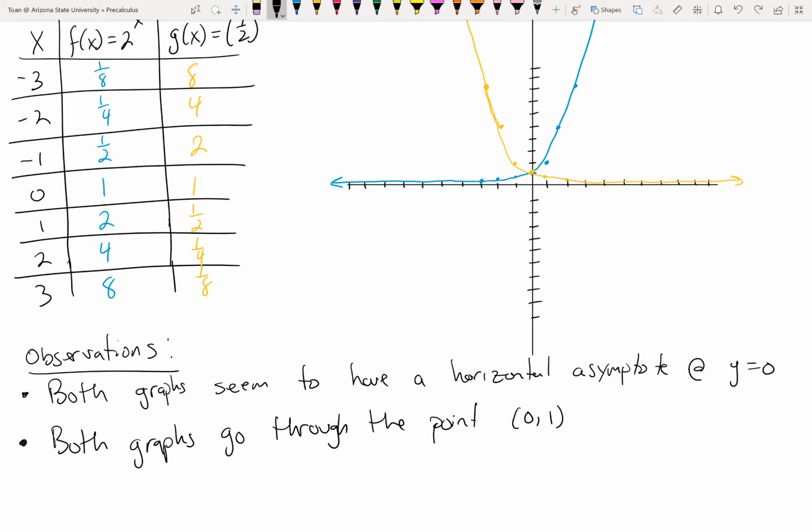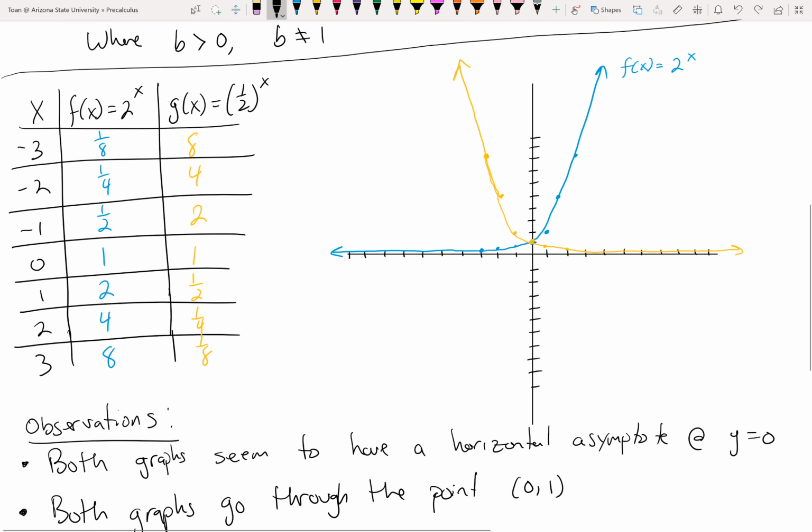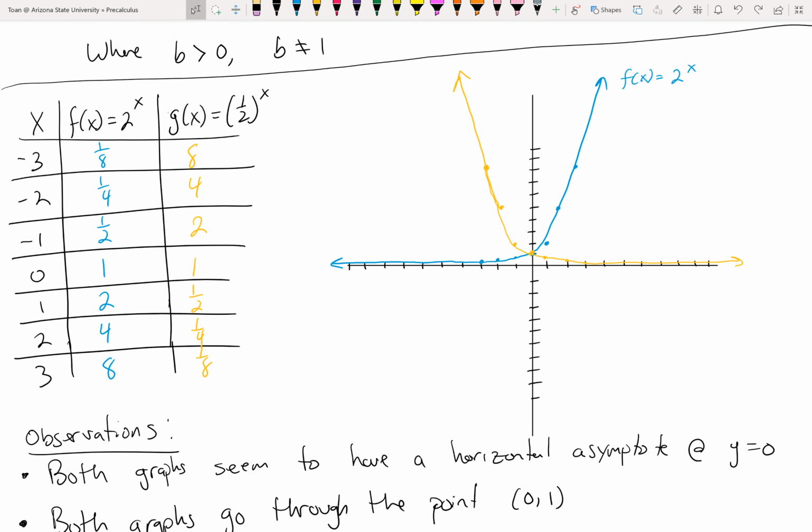And we can see that the blue graph, f of x equals 2 to the x, gets bigger as we go to the right. And the yellow graph, g of x equals 1/2 to the x power, gets smaller to the right. And we can probably guess why that happens. The only difference between the blue equation and the yellow equation is the base.